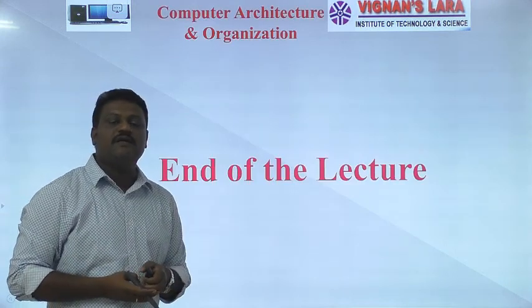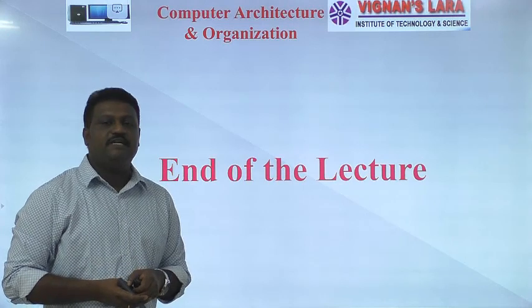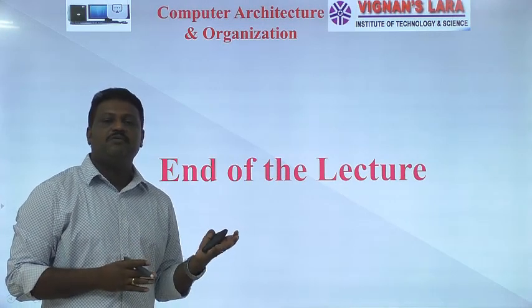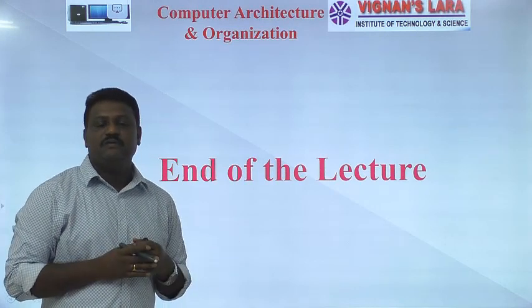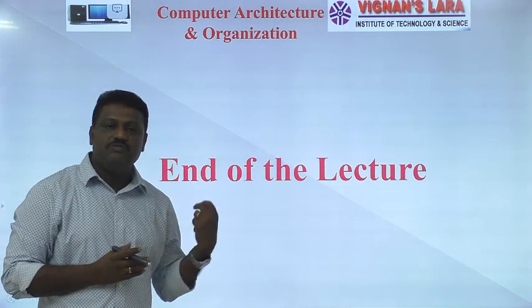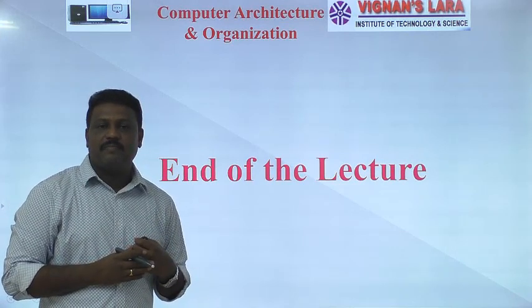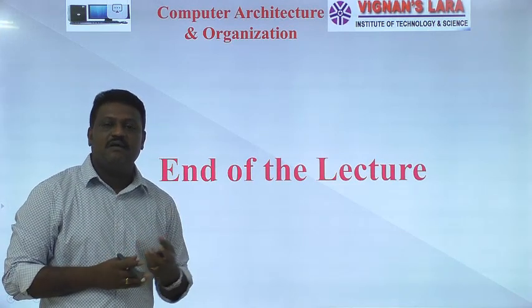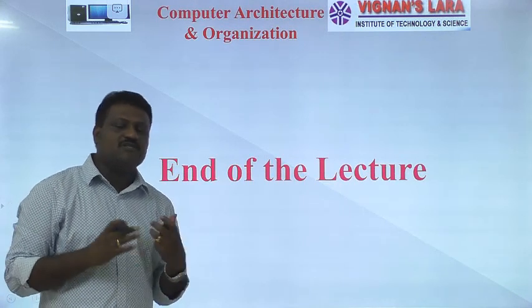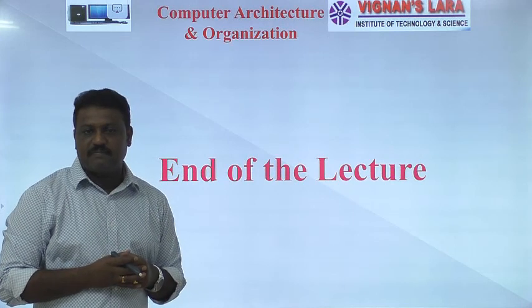I hope you understand the concept of I/O interfacing circuits. Basically, we have two: one is parallel ports and the second one is serial ports. In the parallel port, we first discussed how we connect an input device to our processor with the help of an input interface. Later, we discussed how we connect an output device to the processor with the help of an output interface.